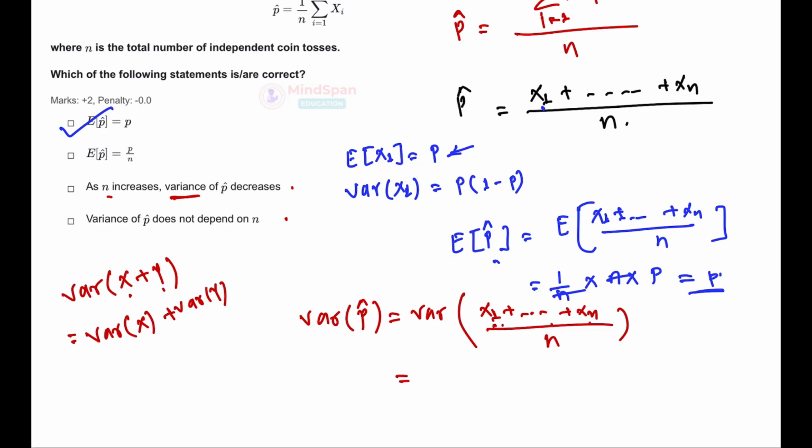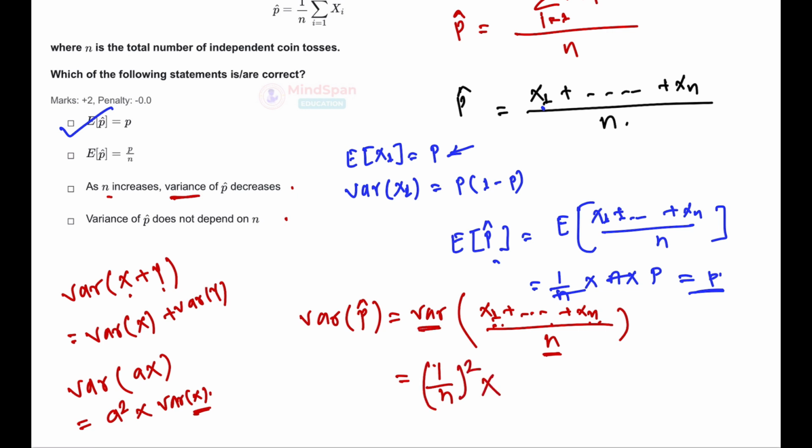So now we can make use of this here. How many such terms do we have? N such terms. And one more property about the variance: if we have the variance of a times x, then it will be a squared times the variance of x, right? So this constant is 1 divided by n, so it will be (1 divided by n) whole squared times the variance of this sum.